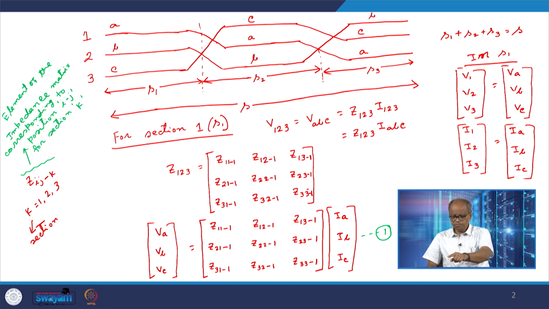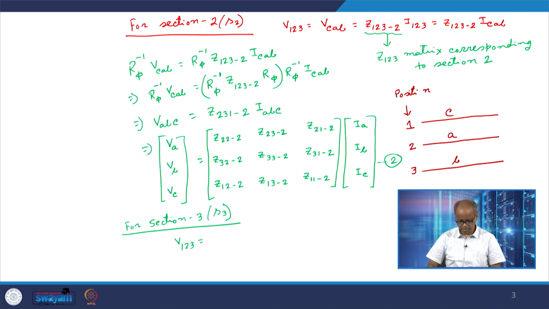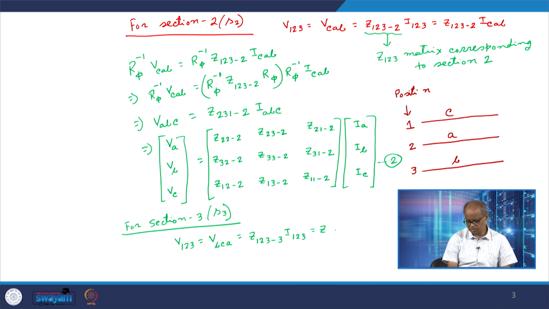V123 would be VBCA, which is Z1233 into I123. So it would be Z1233 into IBCA, right.